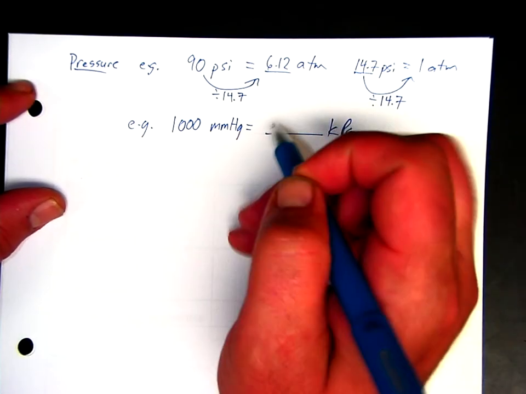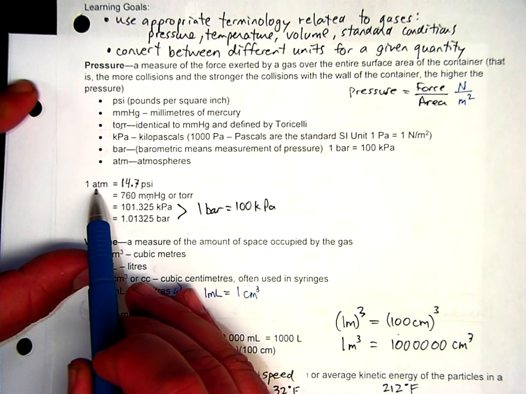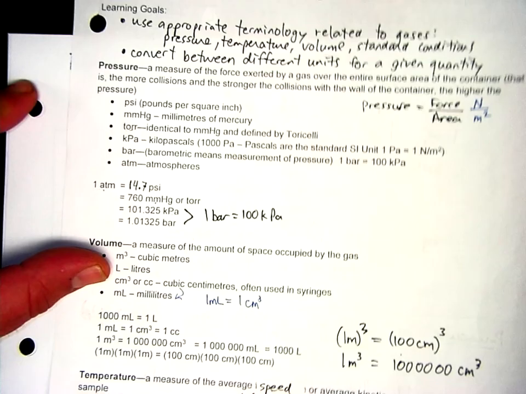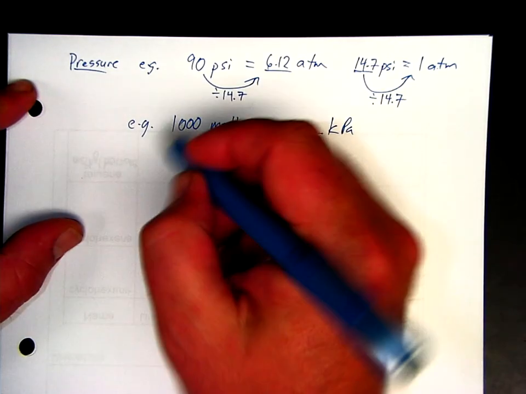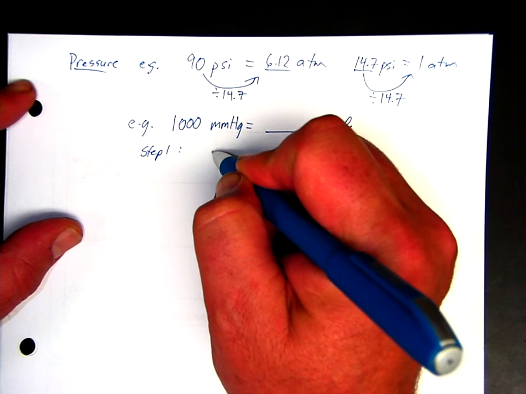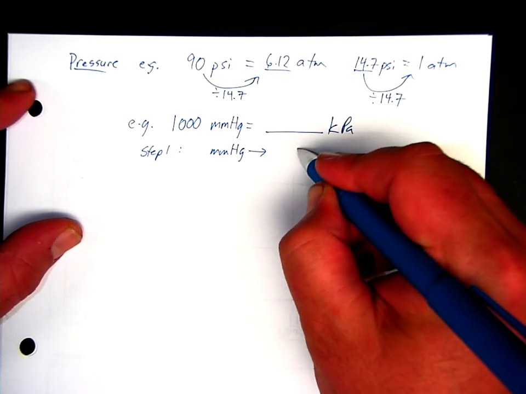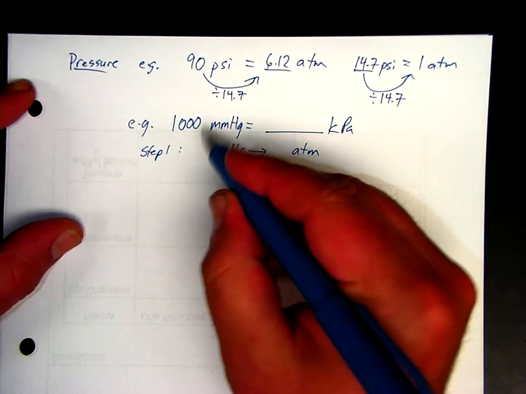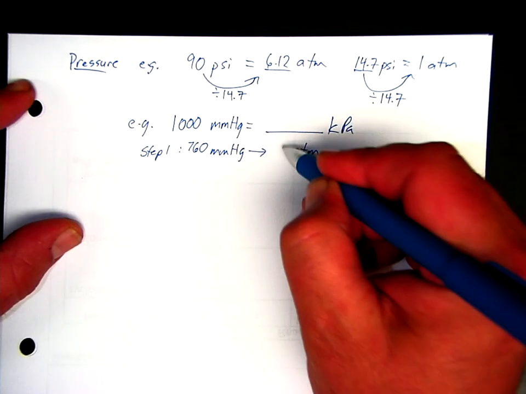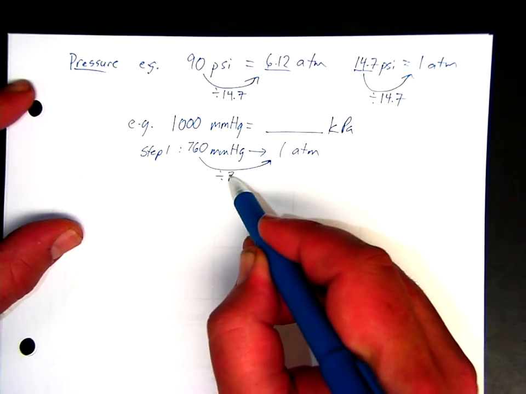So first step, if I look at my conversions, they're all based on going from millimeters of mercury to atmospheres and then to something else. So why don't we do that? Why don't we start with step 1? We're going to go from millimeters of mercury to atmospheres. I know that it's 760 to 1 atmosphere, so I will have to divide by 760.